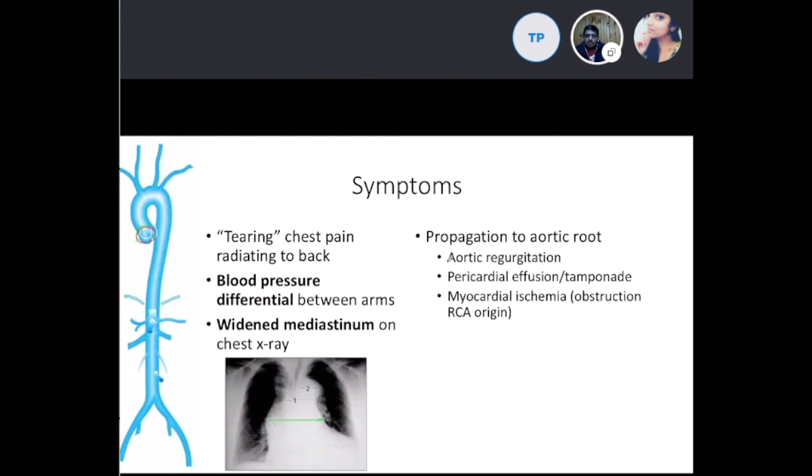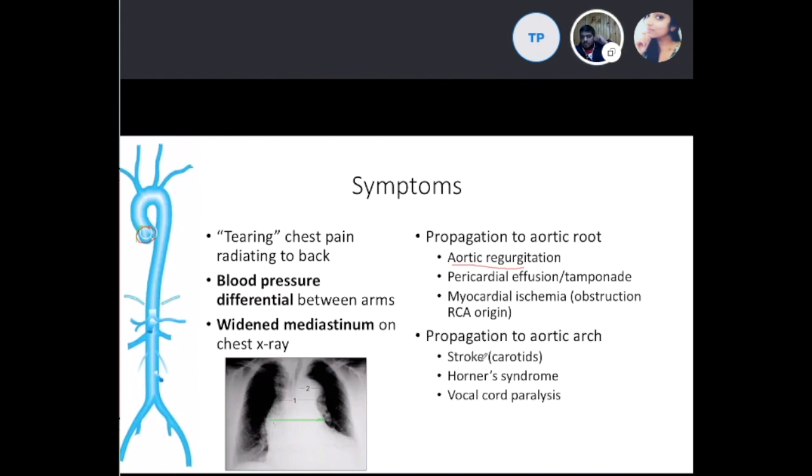That's why with dissection of the aortic root you often see aortic regurgitation. They can get pericardial effusion and tamponade, and they can also get myocardial ischemia because the right coronary artery can get obstructed, as its origin is there. By disrupting the flow here, many of the vessels that come off the aorta will not get the same blood supply, so keep that in mind.